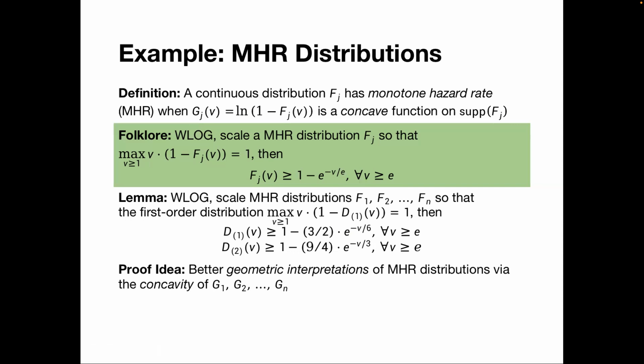The basic proof idea behind such extreme value theorems is a geometrical interpretation of the concavity of the function G of an MHR distribution, and using such interpretations, we get our extreme value theorems.